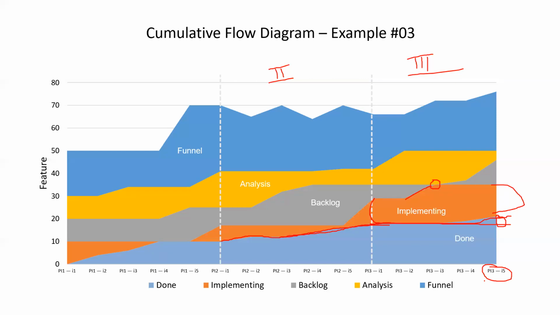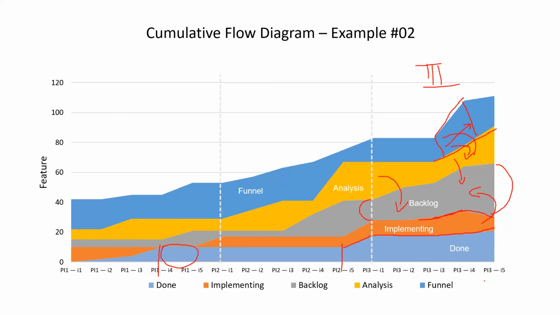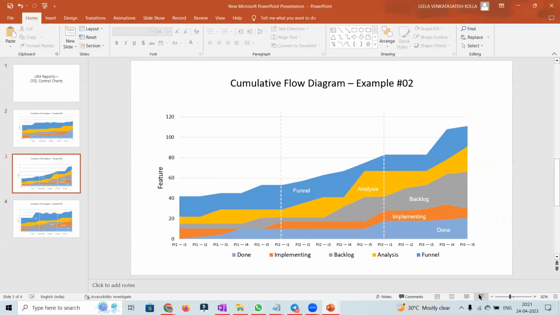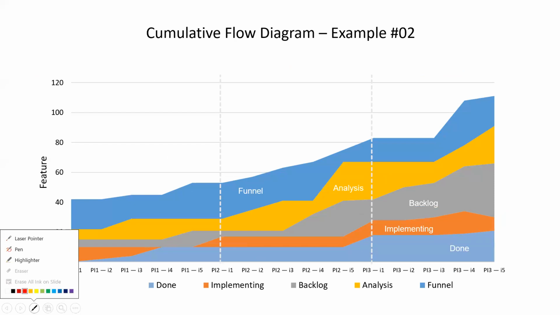But then we will be able to see another perspective. For example, let me remove the lines. Let's assume this is a Kanban board with a WIP limit.